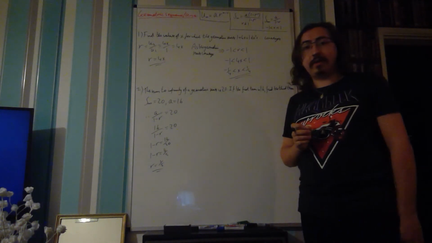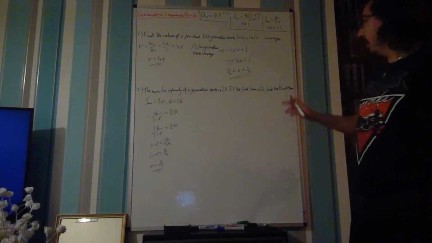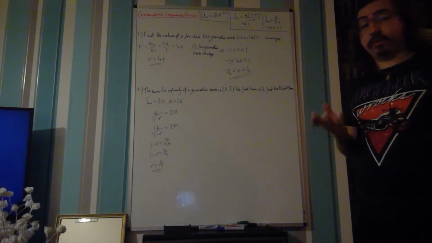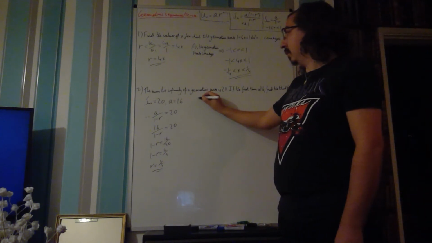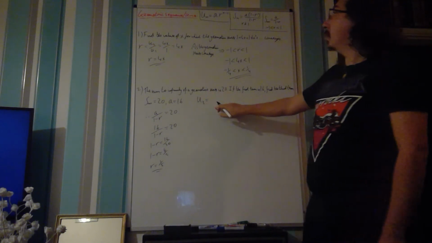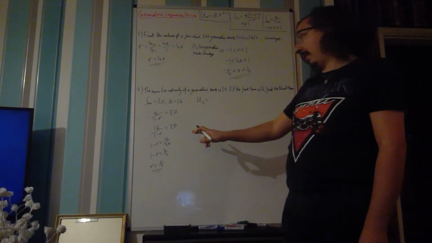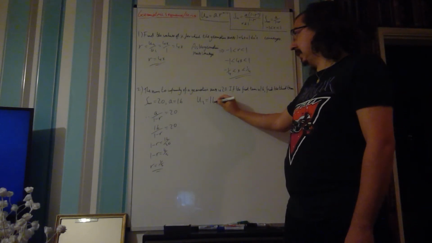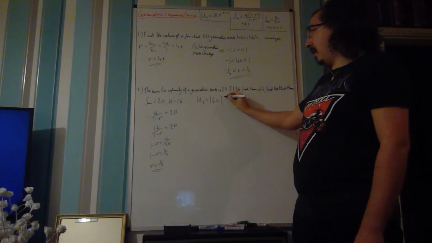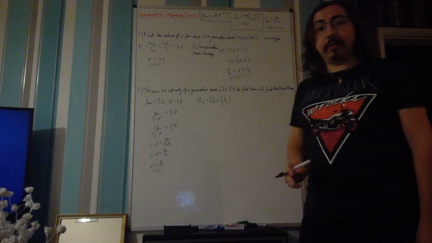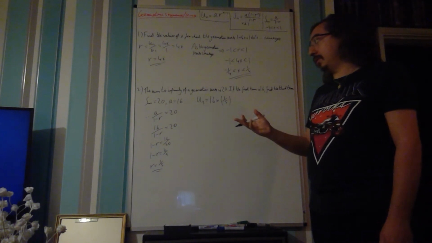So we have our value for r. Now all we need to do is find the third term. So u3, and to find this we're using the nth term formula. So we have our a value, which is 16, times our r value, which is 1 over 5 to the power of n minus 1.